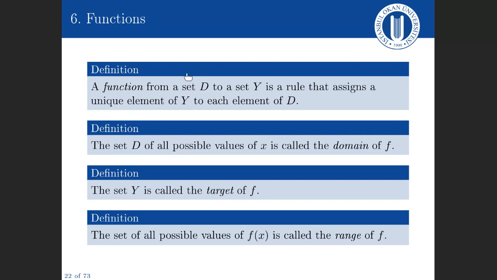Precisely, a function from a set D to a set Y is a rule that assigns a unique element of Y to each element of D. The set of all the possible values of x, that's all the numbers that we put into the function, is called the domain of f. The set Y, the set of dependent variables, is called the target of f. Inside the target of f, we would have the set of all of the possible values of f of x. This is called the range of f.